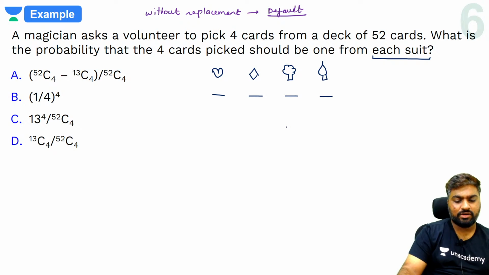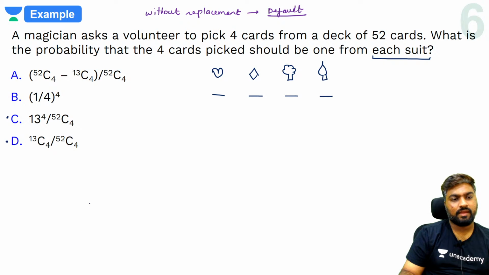Prince, check once more. Okay, Lekhna says C, Ajay Kumar says D, so we have C, D. Anyone else? Anybody?